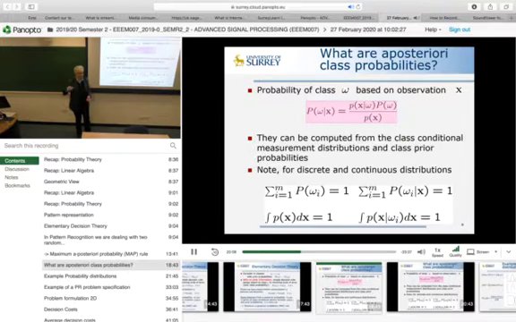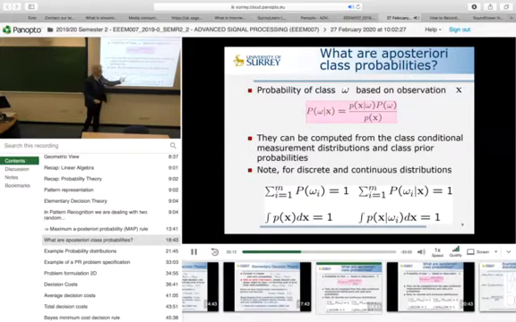This is our assumption that one of the classes it's come from must be true, and that they're mutually exclusive classes. So in the case we talked about earlier on, lecturer and student in a class, we're assuming that these classes don't overlap. So you're either a lecturer or a student, you're not both a lecturer and a student in the class at the same time.